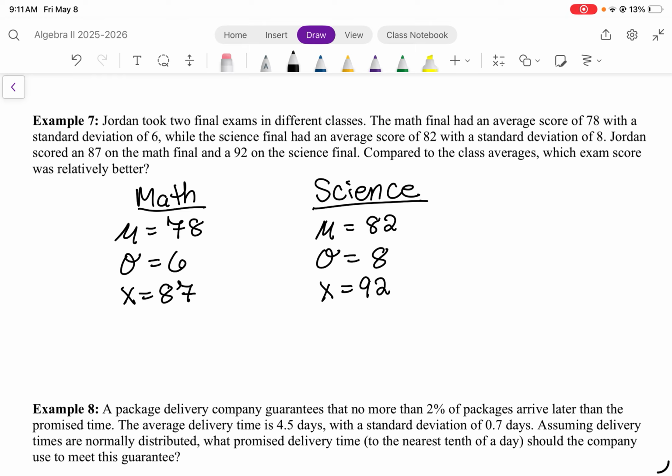So for the last one, it was race times, and it was better to be faster in the race or get the lower time. These are test scores, and typically with test scores, you want the highest score, or you want to be above the average. So for this one, we are looking for the ones that are the largest z-score.